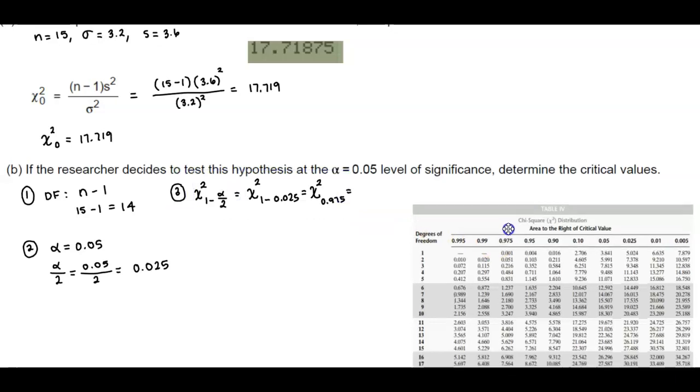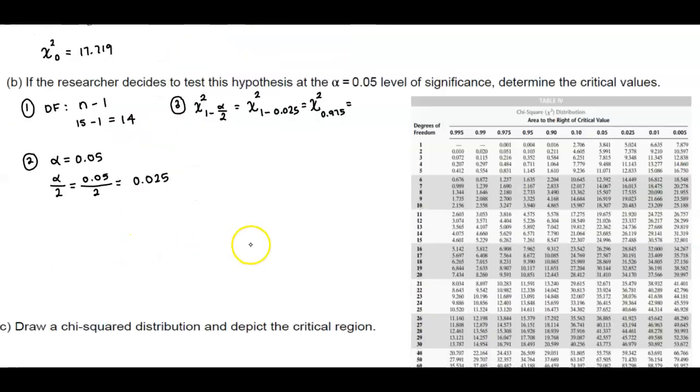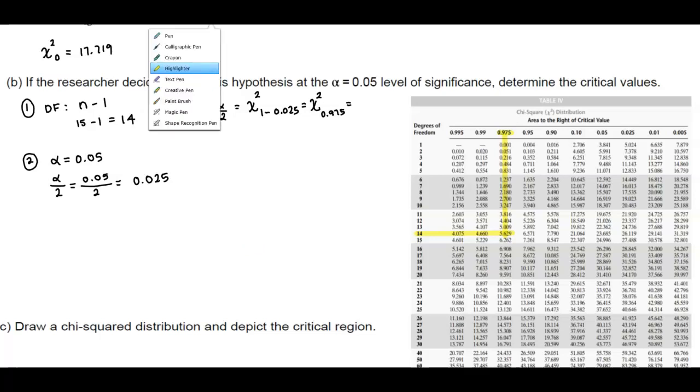So we have our area of 0.975, and we know that our degrees of freedom is 14. So that's going to give us a left critical value on our distribution here of 5.629.